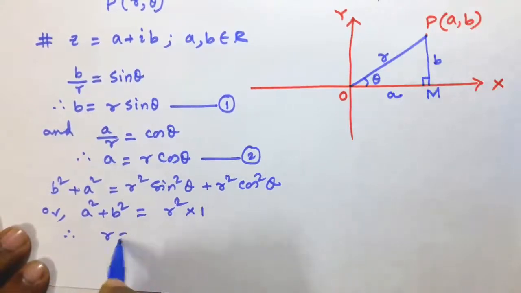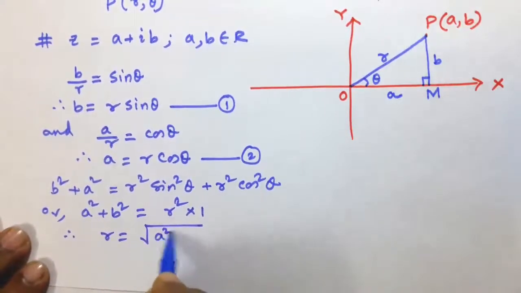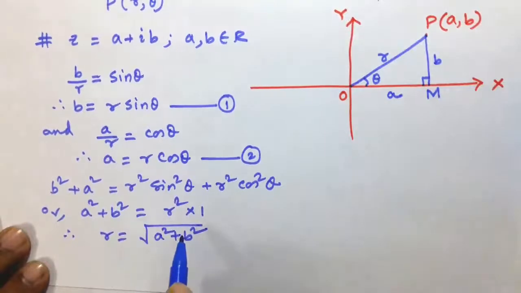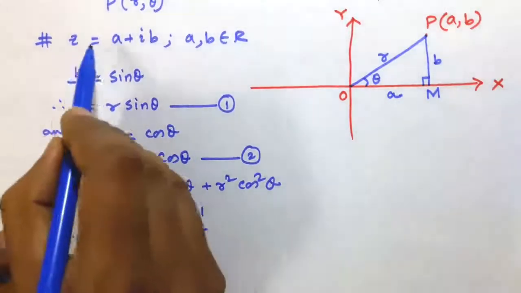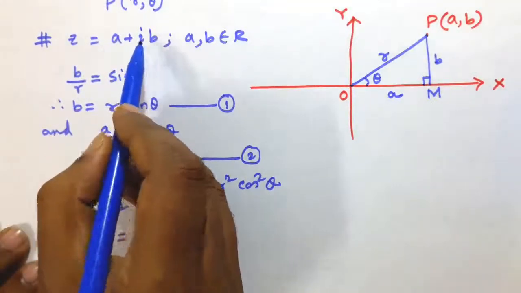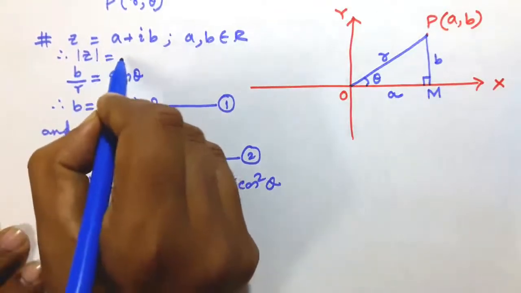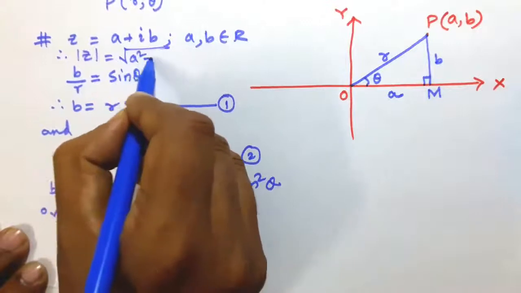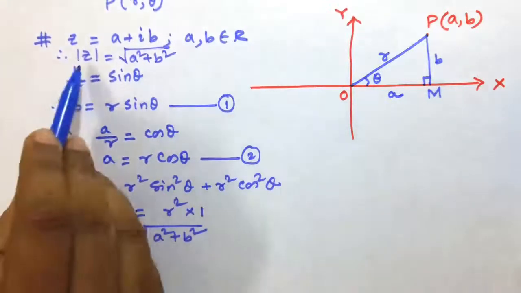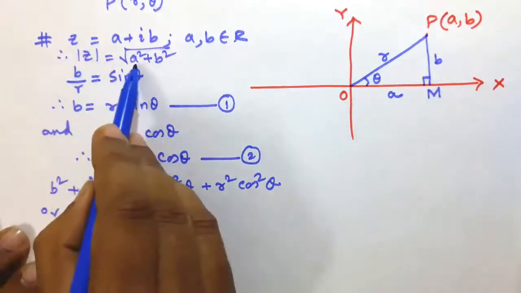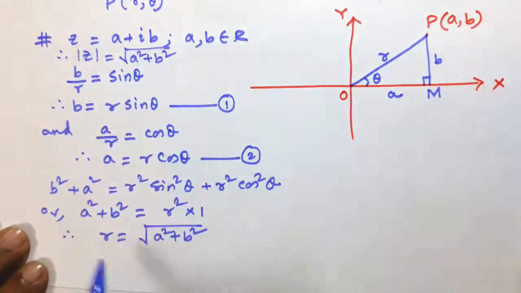Therefore, r is equal to root over of a square plus b square. And again from z is equal to a plus ib, modulus of z is equal to root over of a square plus b square. Now see this one, modulus z is equal to root over a square plus b square, and you are getting r is equal to root over a square plus b square. Therefore, r is equal to modulus z.